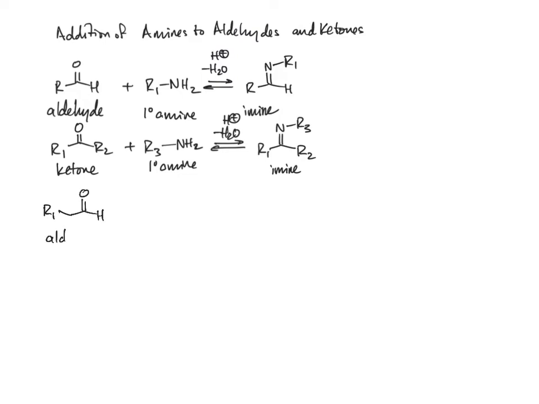So that's our aldehyde. And so we're going to condense the aldehyde with a secondary amine. So we have 2 bonds to carbon, so that's how we get a secondary amine.